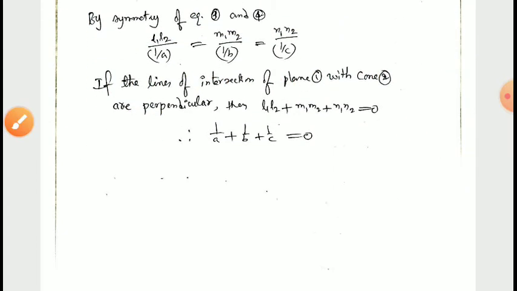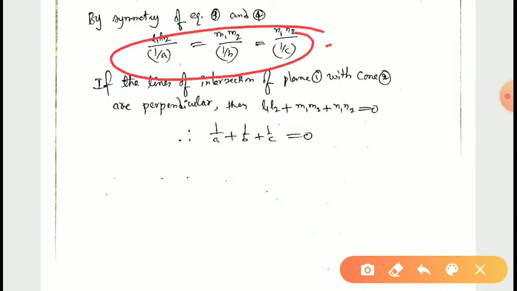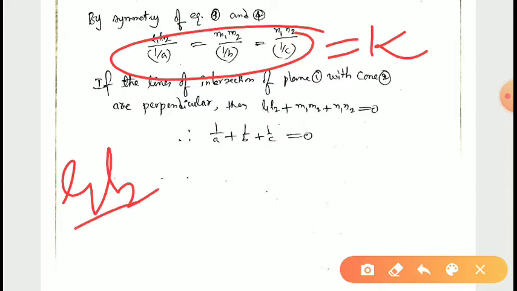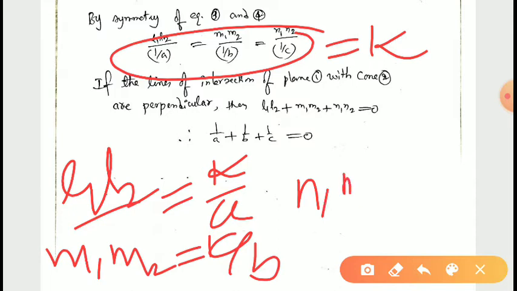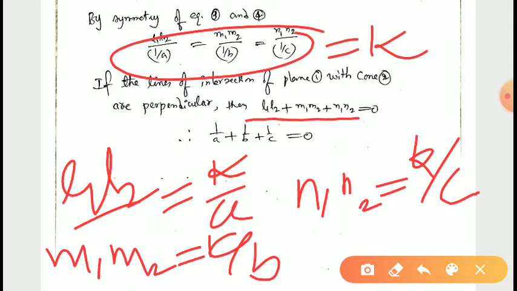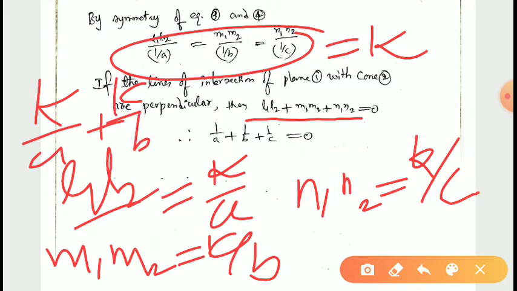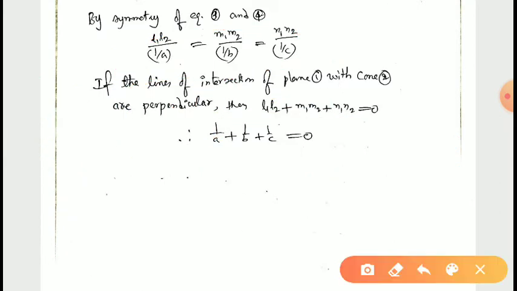Therefore, if this common value is equal to k, then we can write L1 L2 is equal to k/a, M1 M2 is equal to k/b, and N1 N2 is equal to k/c. If you substitute these 3 values, what we will get? k/a plus k/b plus k/c is equal to 0. Taking k common, finally we will get 1/a plus 1/b plus 1/c is equal to 0.